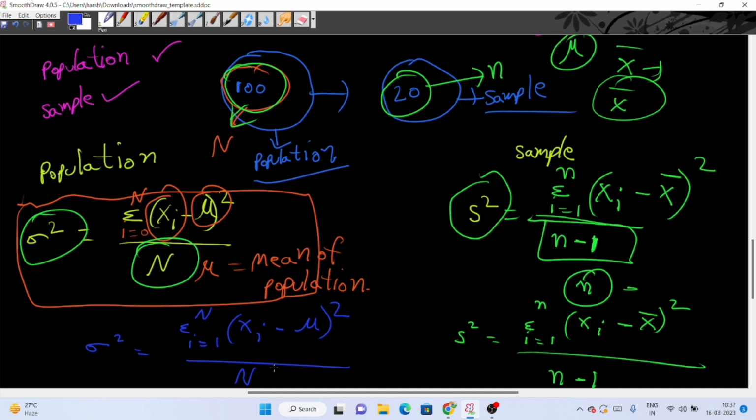Now what we can do is take simple data points and try to find the population variance and sample variance for that example. So let us do it now. Okay, for example, consider that we have some data points like x equal to 1, 2, 3, 4, 5.